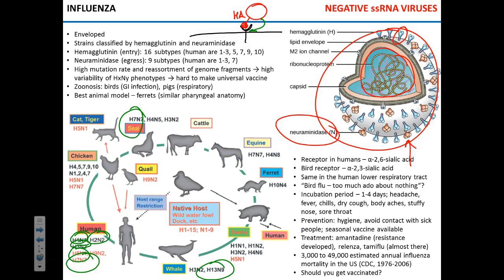If the guess was correct, good for us. If the guess was not correct, it's like you never took the vaccine. Does that make sense? So a universal vaccine is essentially an issue.